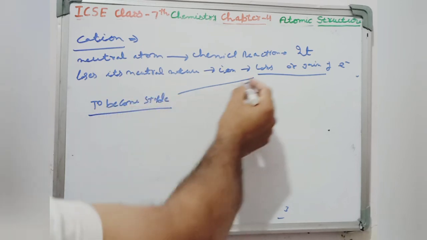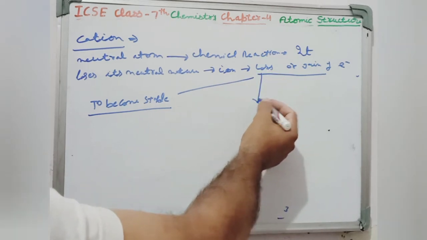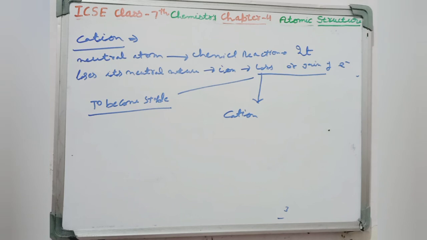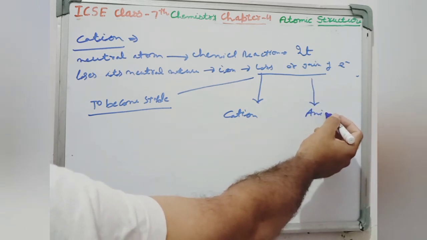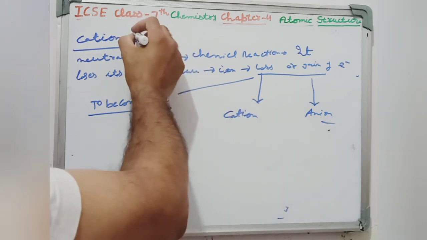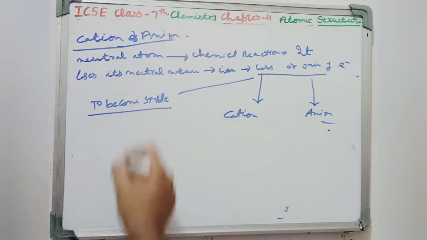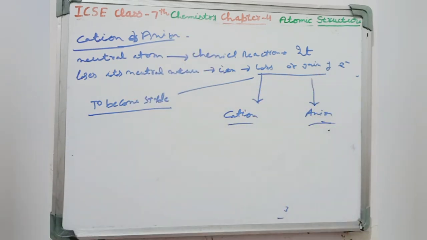To gain stability, it loses or gains electrons, right? If it loses, then it is called a cation. When it is losing electron, it is called a cation. And when it gains electron, it is called an anion. When it is in loss, it is a cation. If it is gain, it is an anion.